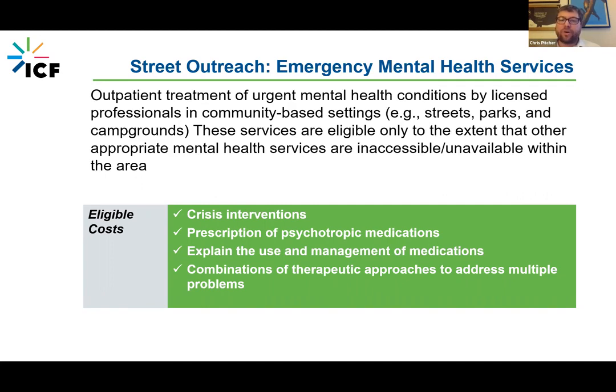Again, these services are only eligible to the extent that other appropriate mental health services are inaccessible and unavailable within the area, which is oftentimes the case. The eligible costs here are crisis intervention, helping with prescription of psychotropic medications, explaining the use and management of those medications, and combining all of that with a therapeutic approach to help with any mental health crisis that may arise.